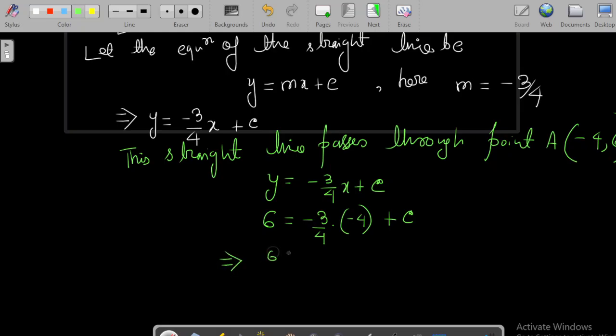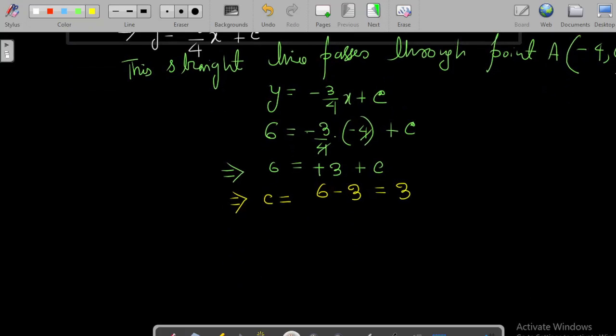This gives 6 equals, this minus and the minus becomes plus. This 4 and 4 get reduced, so 3 plus c. From here we can easily find out the value of c, which is 6 minus 3, that is 3.